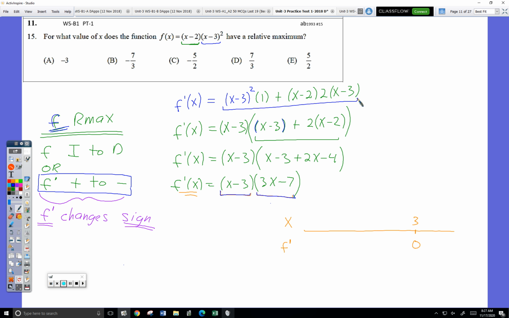It breaks it down because if I put a 3 here and I put a 3 here, this factor's value doesn't matter because this factor will be 0. 0 times whatever is 0, so that works. I can do it the other way around now. If I can figure out what to put here, it won't matter what I put here, because if this is 0, 0 times whatever will be 0.